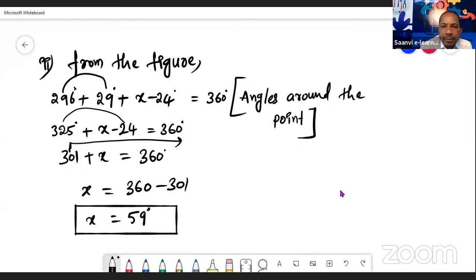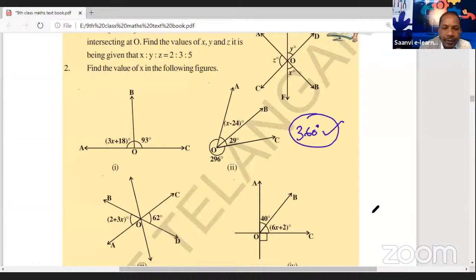Okay, children, in the same way, now see the third figure. Observe the third figure. Here, two angles are formed. If we observe these two angles, they are quite opposite to each other. So it means they are vertically opposite angles.